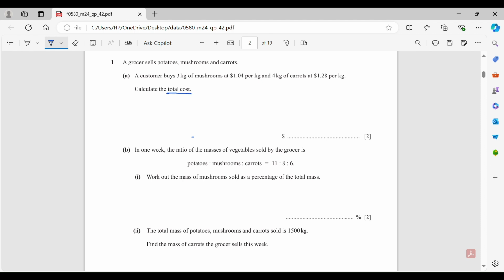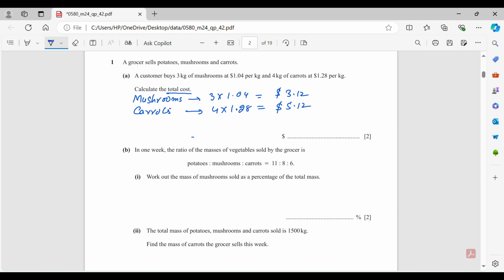Mushrooms will be 3 into 1.04, which is equal to $3.12, and carrots, it is 4 into 1.28, which is equal to $5.12.